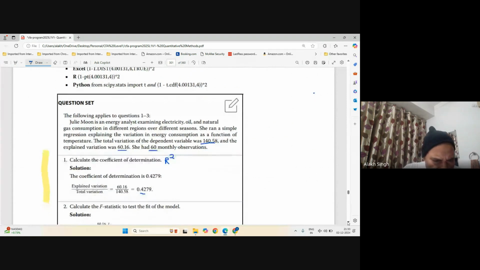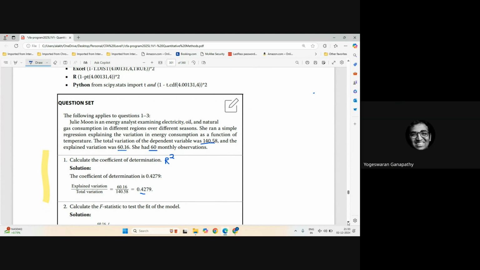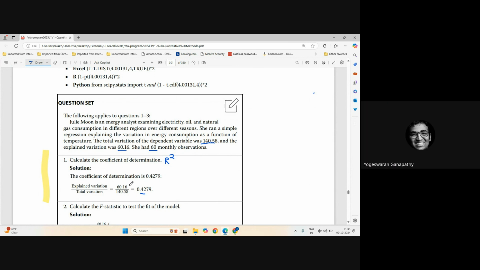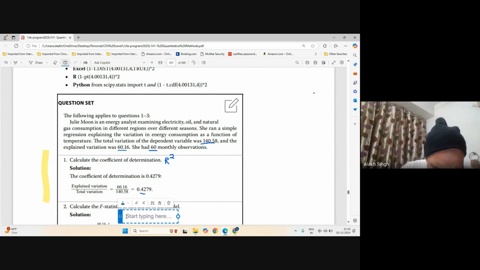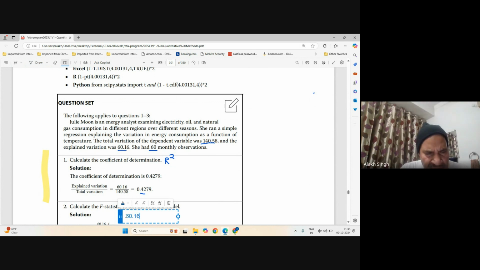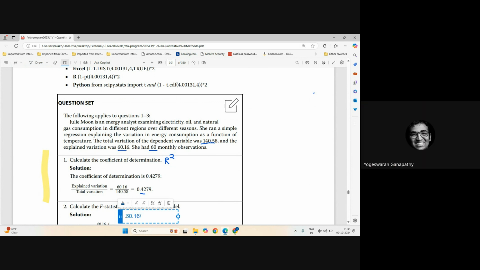Now, next question. Calculate the F statistic. How will you calculate it? The numerator is the mean explained variation, so 60.16 divided by 1, which is 2 minus 1. And this is divided by 140.58 minus 60.16.